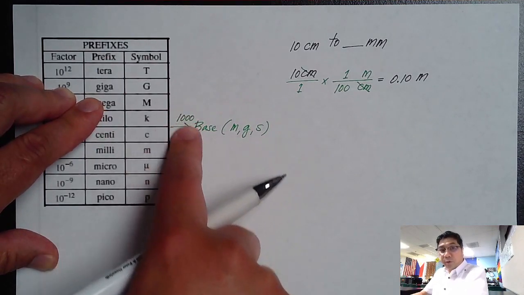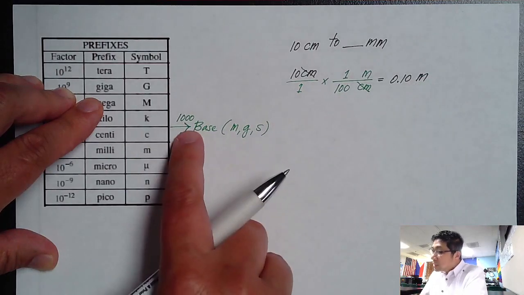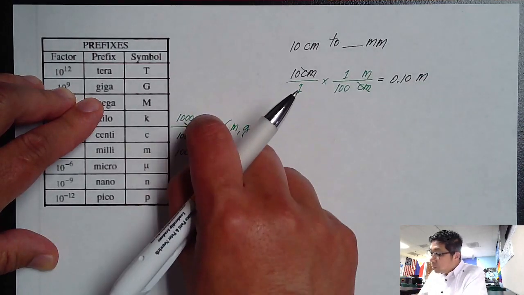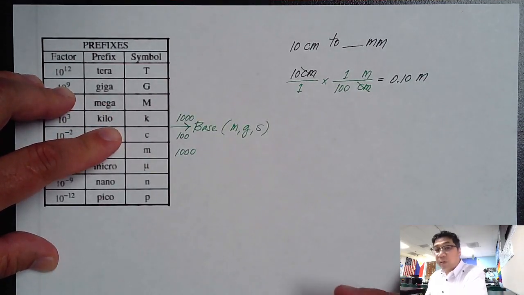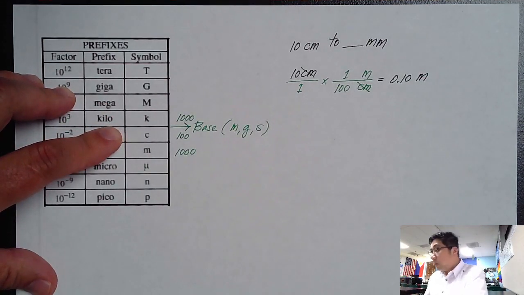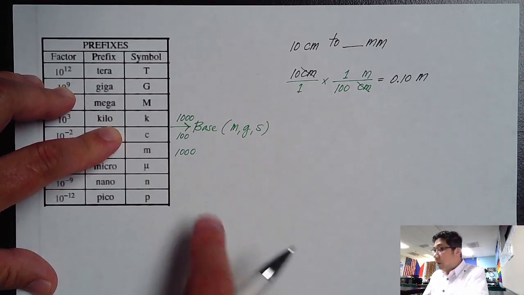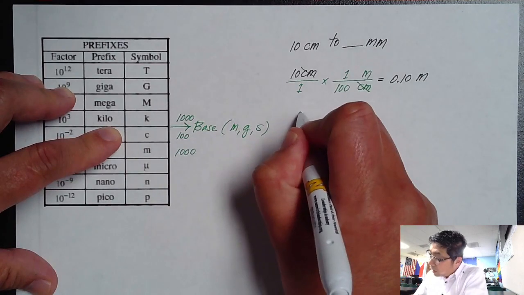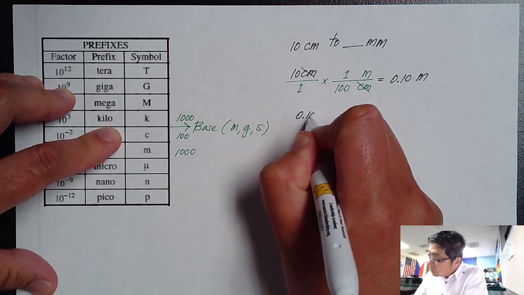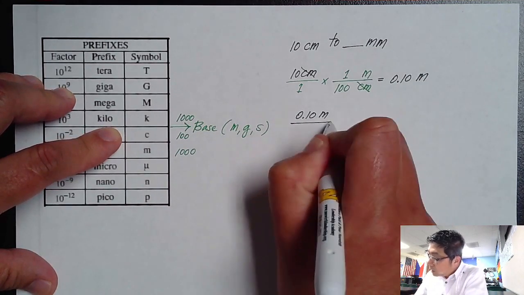This time we are starting from the base and moving away, going to the bottom. So when you're going to the bottom of the base, you have to multiply by whatever the conversion factor is. So let us continue, meaning I have 0.10 meters or 0.1 meter.